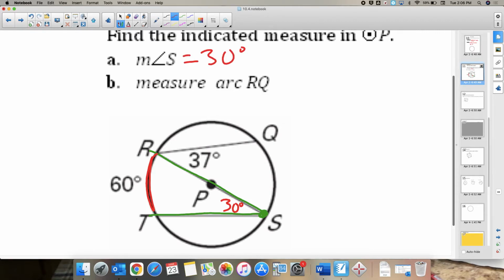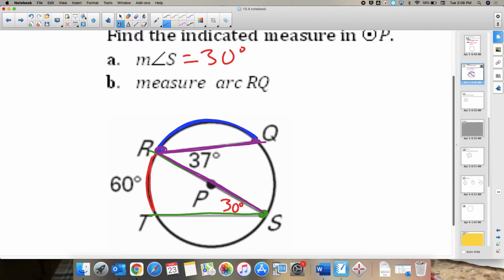Now for B, you do need to be careful. In B, they want us to find arc RQ. Now arc RQ does not have an inscribed angle that makes it. The angle they give us here is my angle QRS.